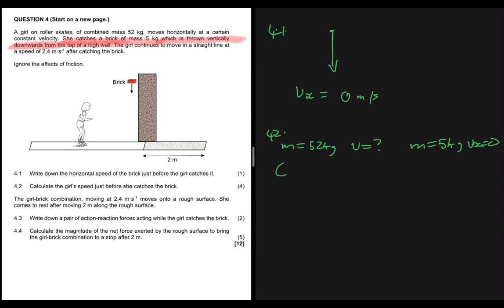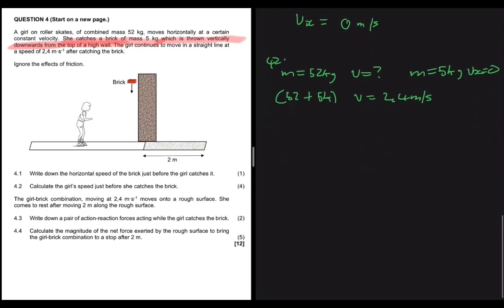So when we have the girl of mass 52 kg plus the brick of 5 kg, they move together at a velocity of 2.4 meters per second, right? Which law are we going to use to solve this problem? We're going to use the conservation of linear momentum. That is to say that the sum of the momentum before will be equal to the sum of the momentum after.